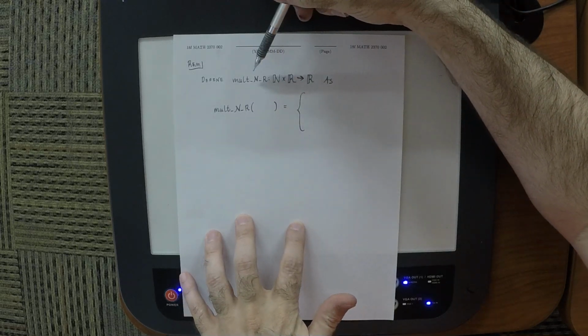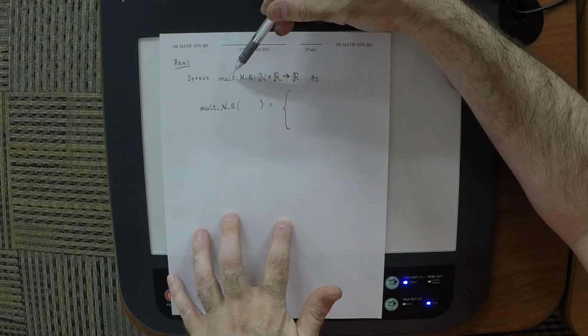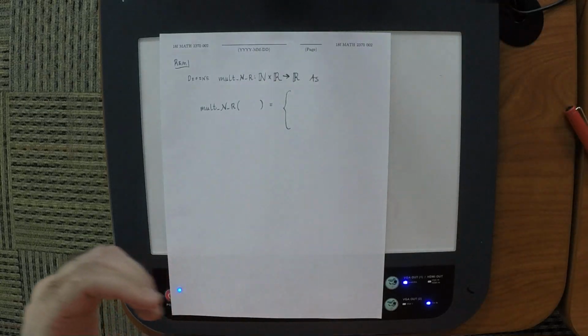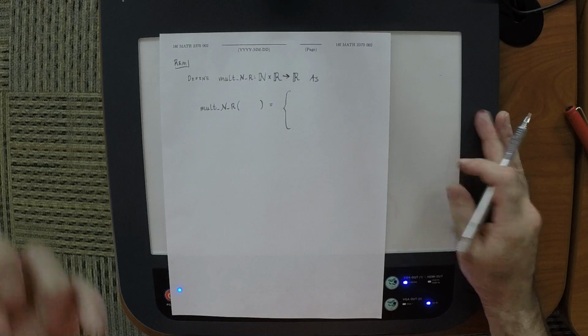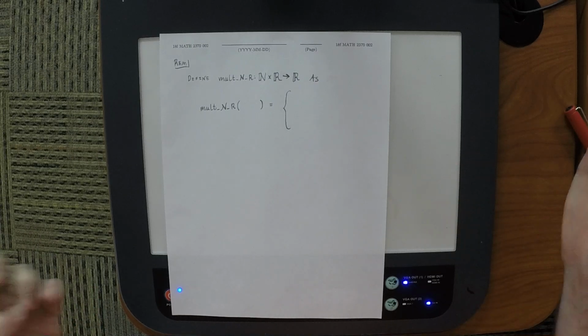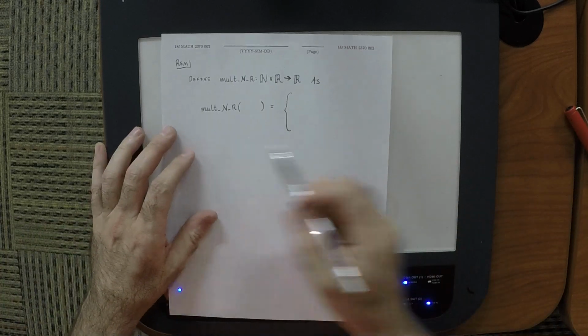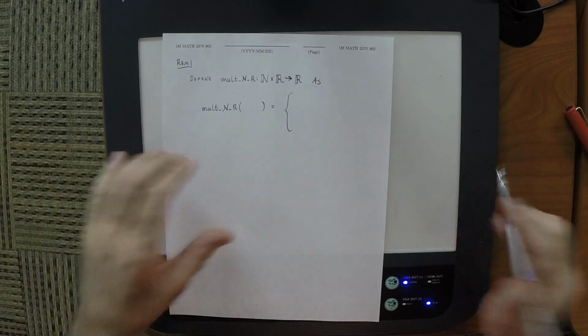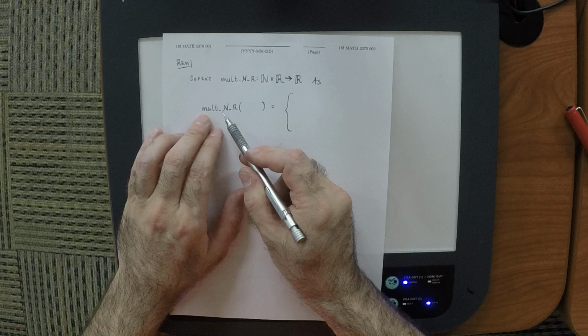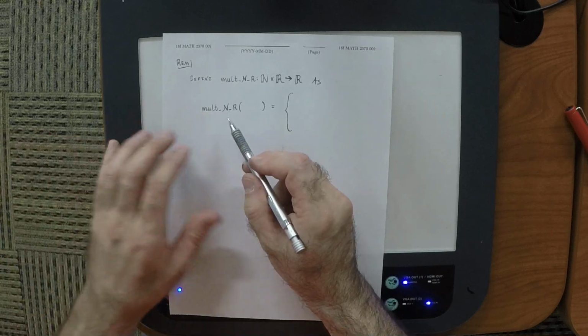That's kind of a strange name in a math class, mult_n_r, because in math classes usually you just name a function a single letter, like f. But in programming generally, the names of things usually describe what they do.